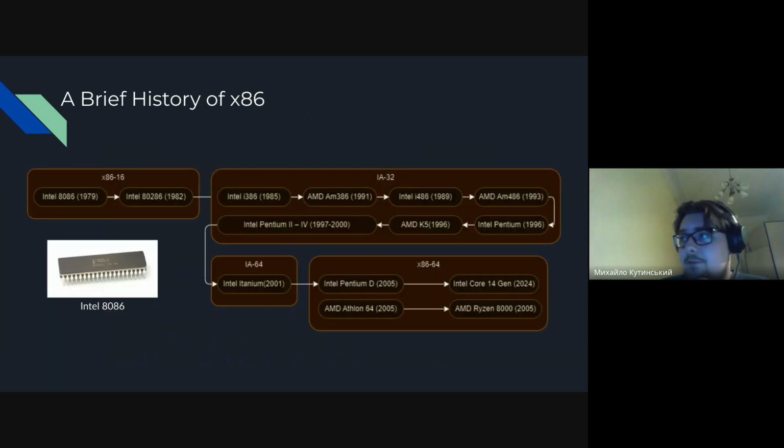Brief history of x86. All the x86 CPUs are derived from one chip, the Intel 8086, with 16-bit registers running at a stunning 5 MHz. The following generations added lots of features that we now take for granted, like floating point unit operations.